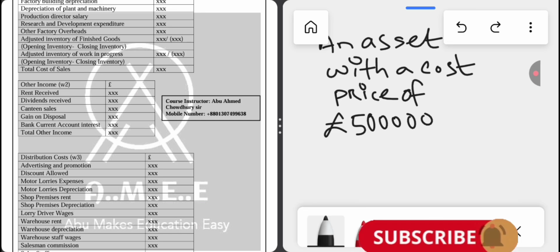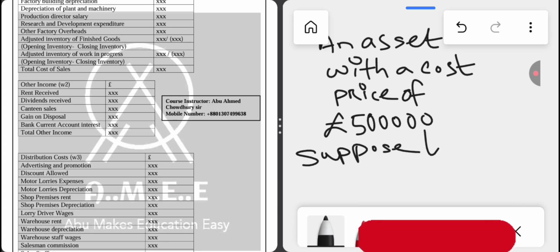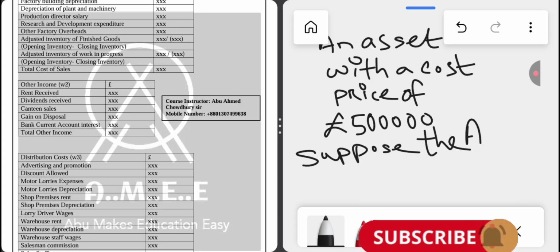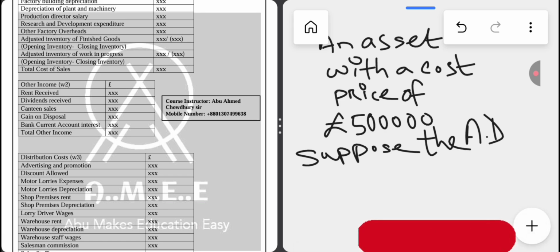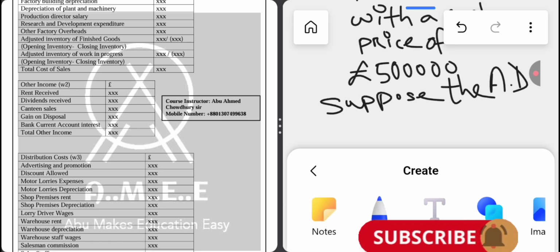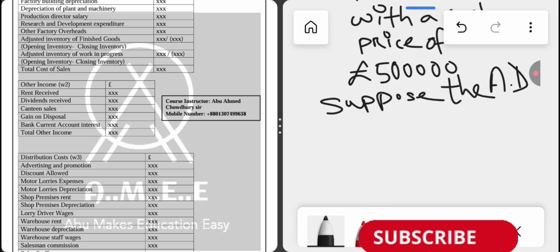Let's see the depreciation. Suppose the accumulated depreciation is 5,000 pounds. I'm writing it in short form, but you have to write it in full form, as short form is not accepted by Edexcel IAL A2. The examiner will just cross the whole thing. If you're lucky you will get 1 or 2 marks, but if you're unlucky the examiner will cut the whole thing.